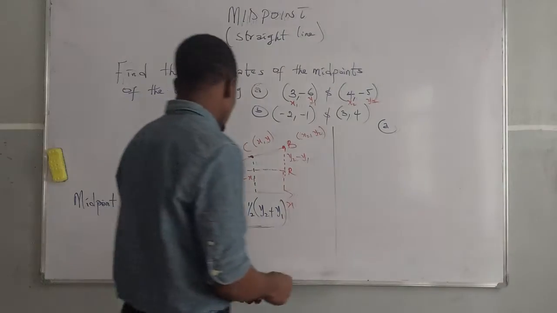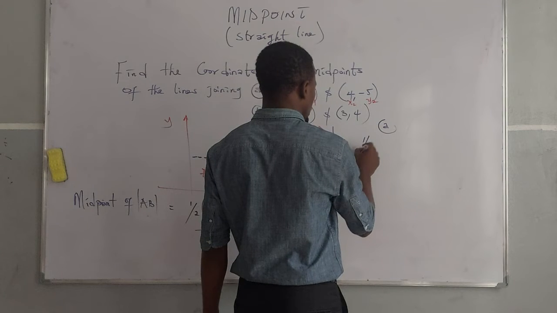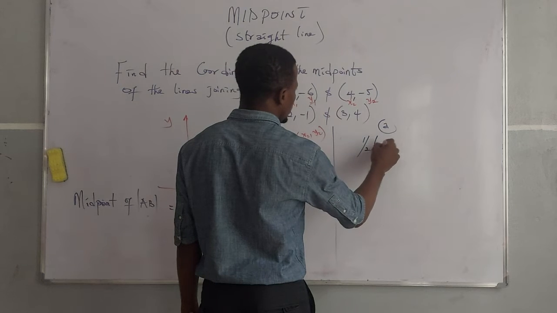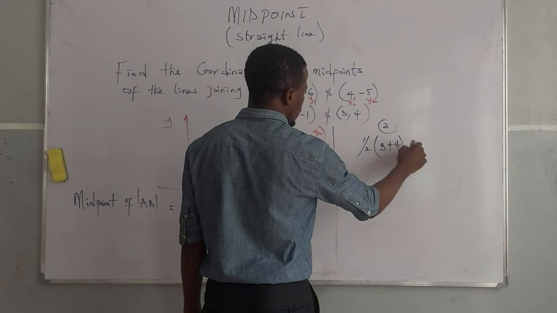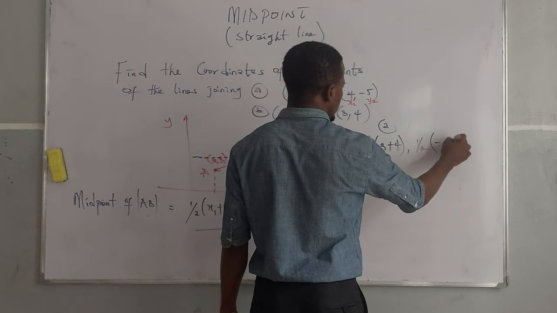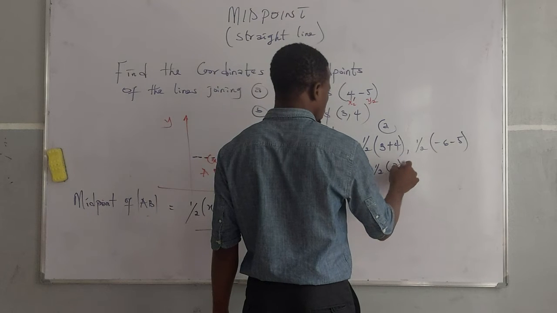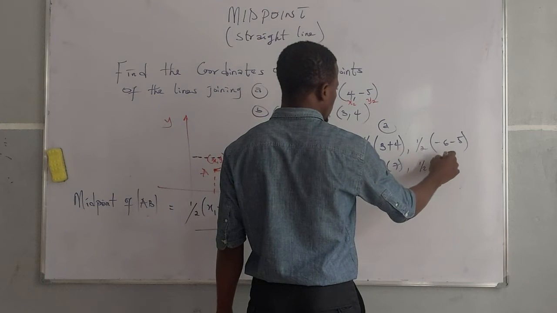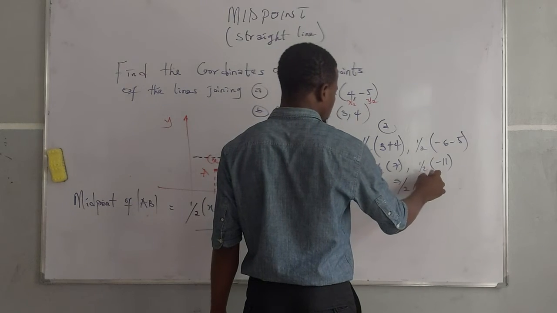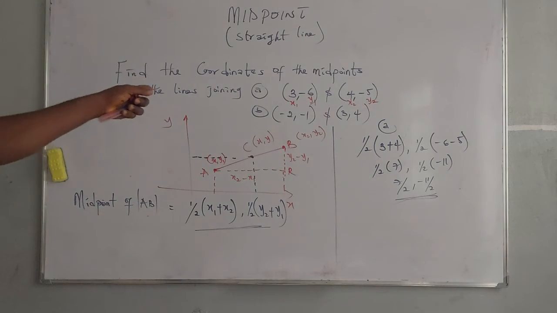So we go half of x1 plus x2, all our x1 is 3 plus 4, close bracket, comma, y1 plus y2, minus 6 minus 5. We have half of 7, comma, half of minus 11. So what do we have? We have 7 over 2, comma, minus 11 over 2. This should be the midpoint of A.